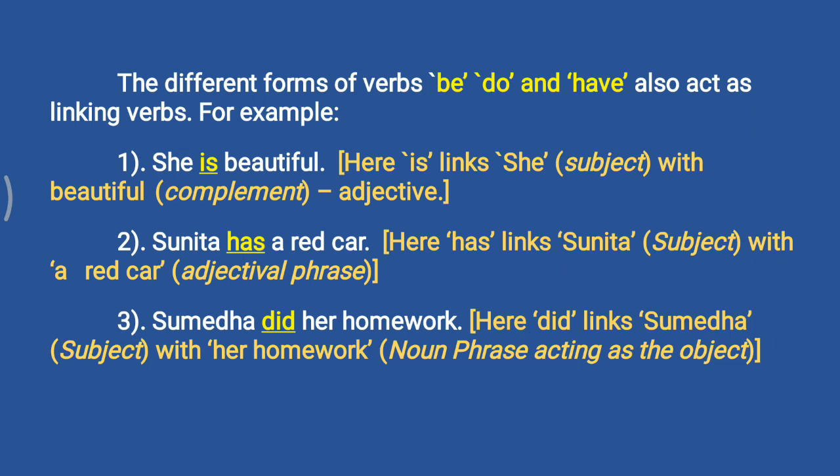Here has links Sunita with a red car, and a red car is an adjectival phrase. Sumedha did her homework. Here did links Sumedha, the subject, with her homework, that is a noun phrase acting as the object.